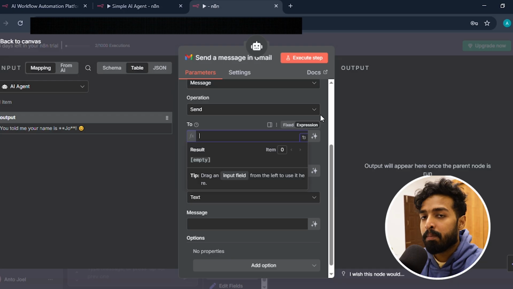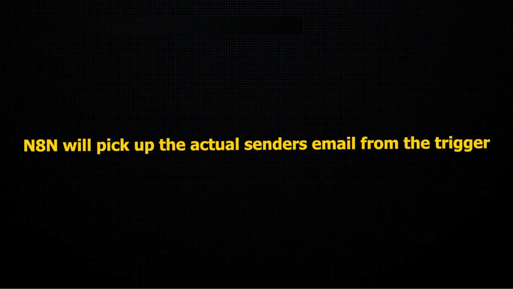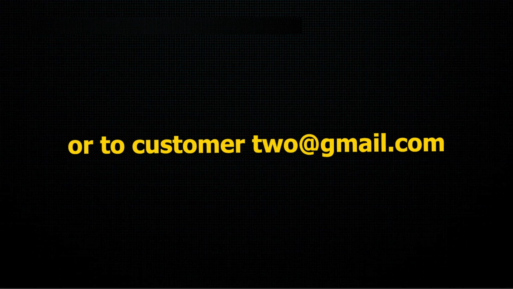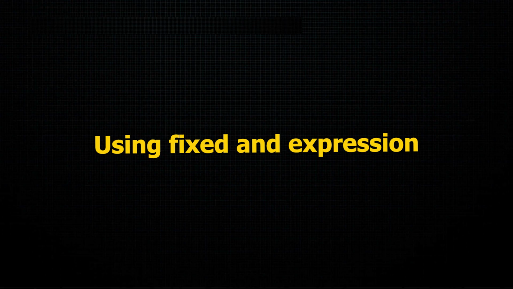No matter how many customers send messages, the reply will only go to that address. But if you use Expression, n8n will pick up the actual sender's email from the trigger, so the reply will correctly go to customer1@gmail.com or customer2@gmail.com. That's the main difference between Fixed and Expression.